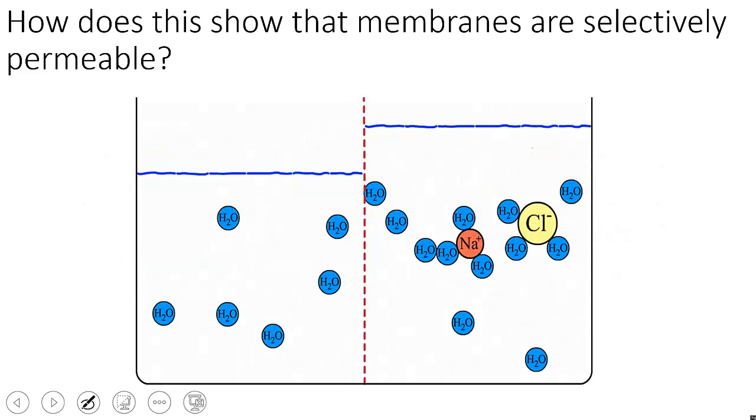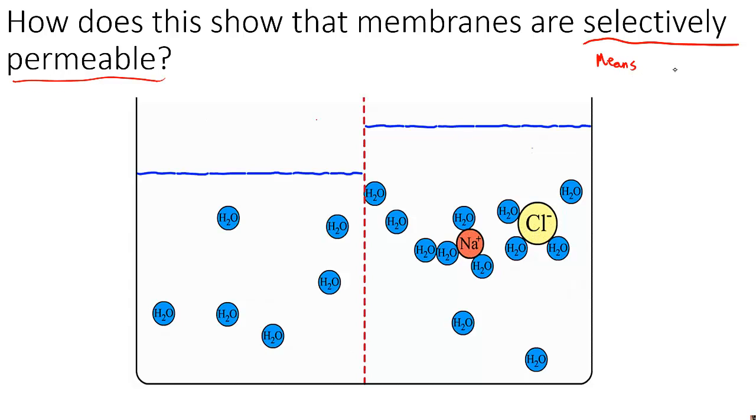So how does this show that membranes are selectively permeable? Well, selectively permeable means that only certain things can get through.